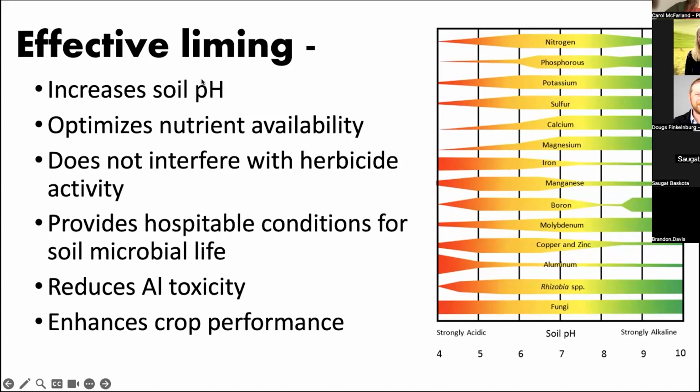So when you do increase your soil pH, you optimize nutrient availability, you increase the efficacy of your herbicide programs. It provides more hospitable conditions for soil microbial life. You reduce your aluminum toxicity, and of course, all of that works together, and plant roots also have more hospitable conditions, thereby enhancing crop performance.